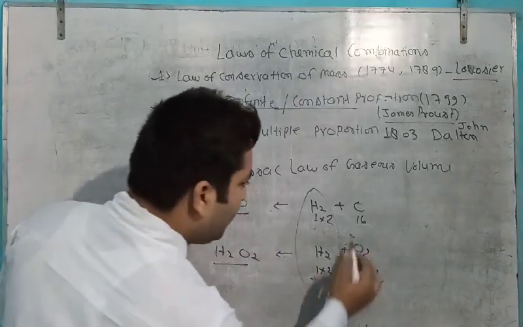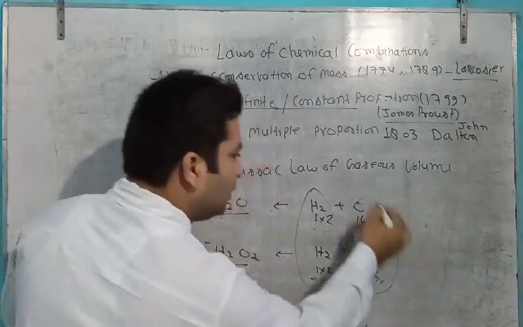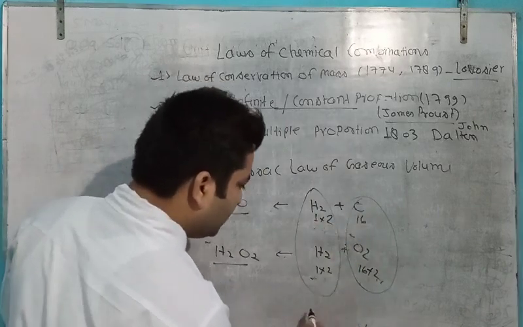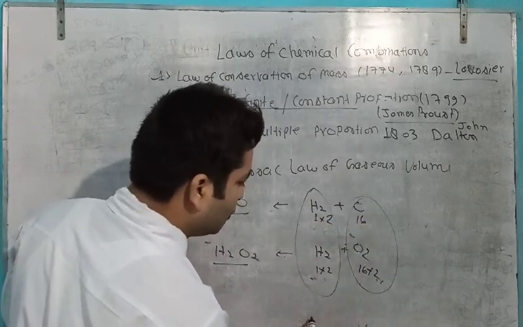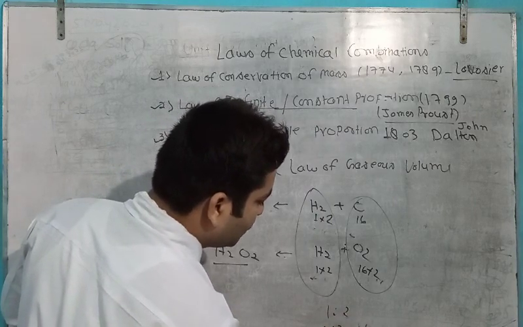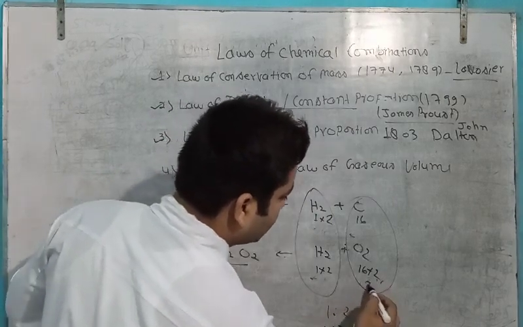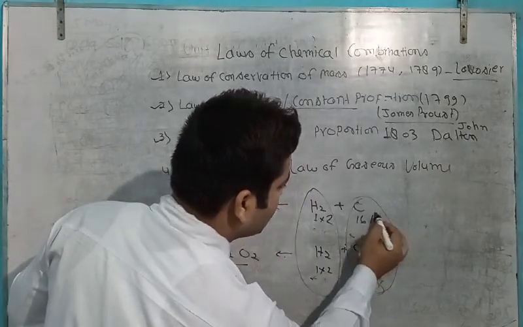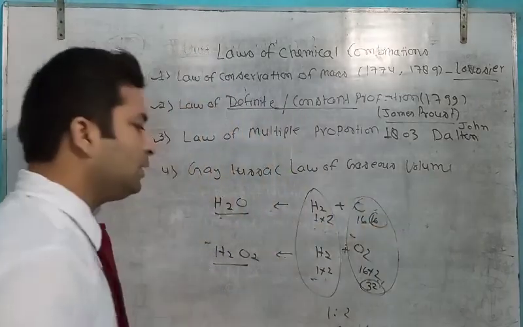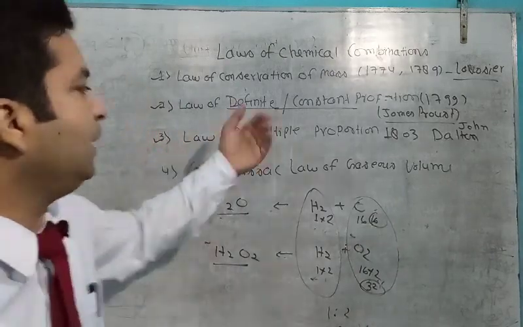So the other element, which is not in the same amount, will be in a whole number ratio, meaning 1:2, that is 16:32. Here the mass is 32 and here 16. So this is the law of multiple proportions.